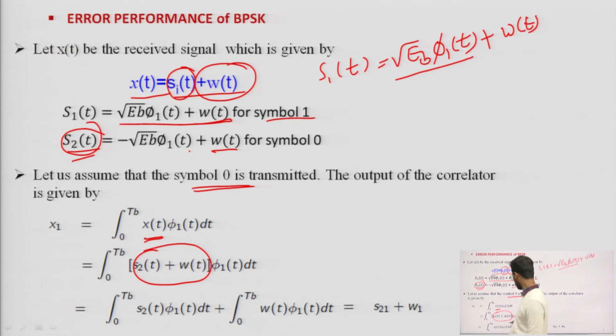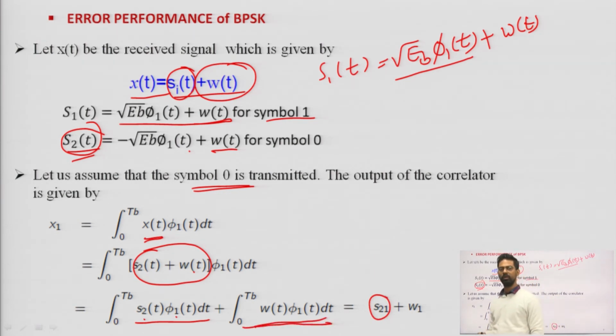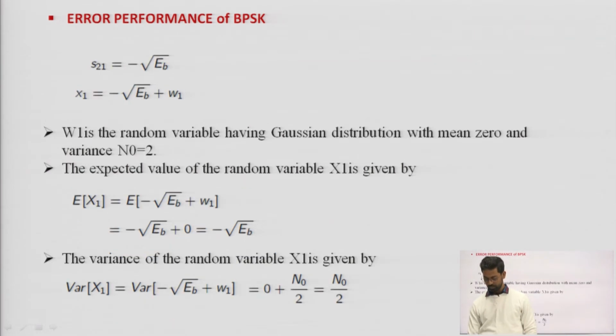I can split it like this: integration 0 to Tb of s2(t) phi 1(t) dt, and integration 0 to Tb of w(t) phi 1(t) dt. So the first term I can write as s21, plus the noise; whatever operation is applied on the noise gives again a new noise, that is w1.